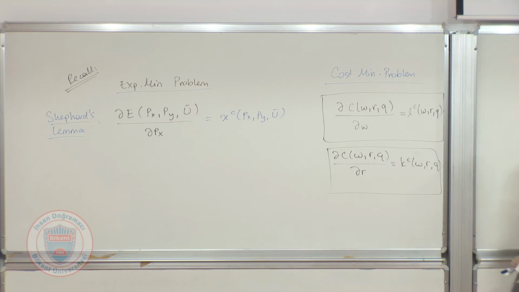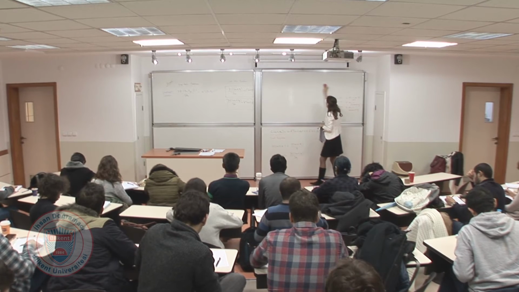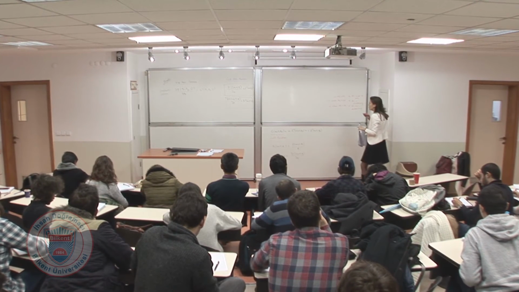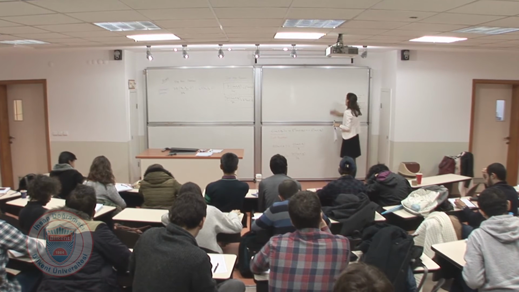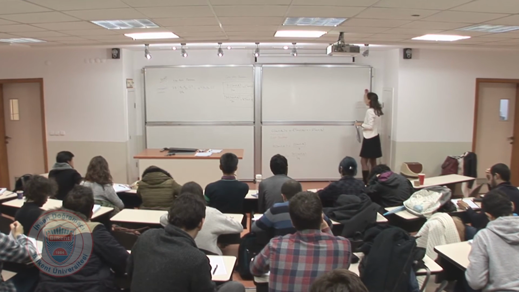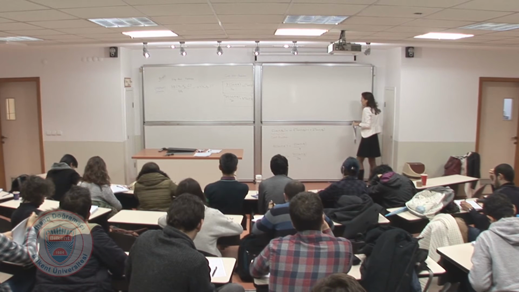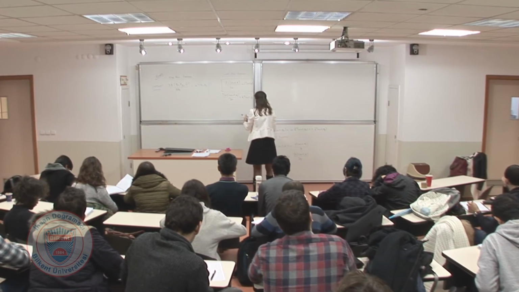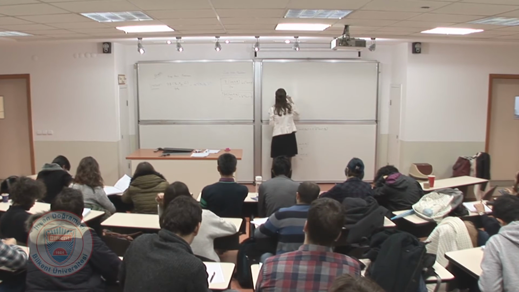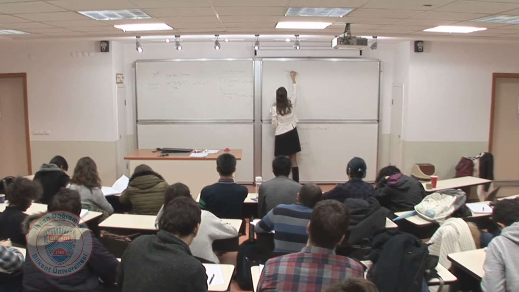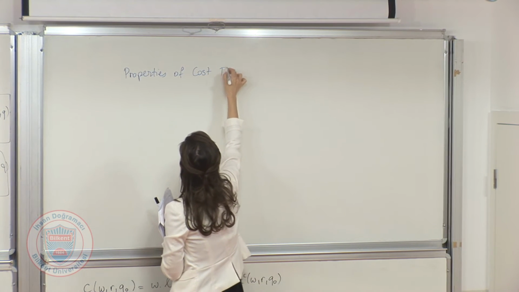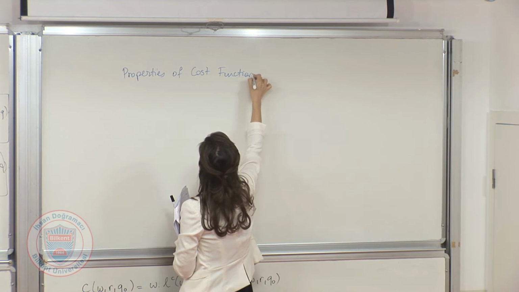Now let me write down the properties of the cost function. Remember we wrote these down for the expenditure function, and now we're going to write them down for the cost function. They would be very similar, so the way we argue about them would be very similar as well. Properties of cost functions.